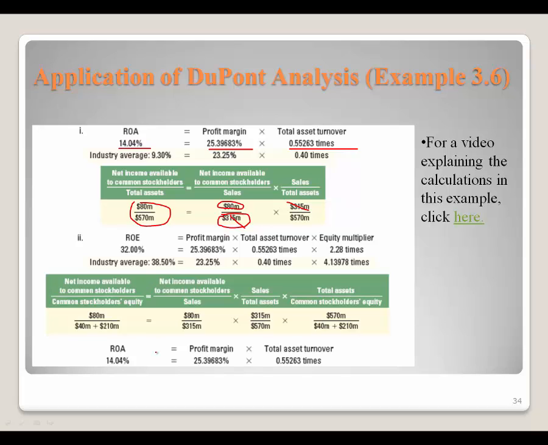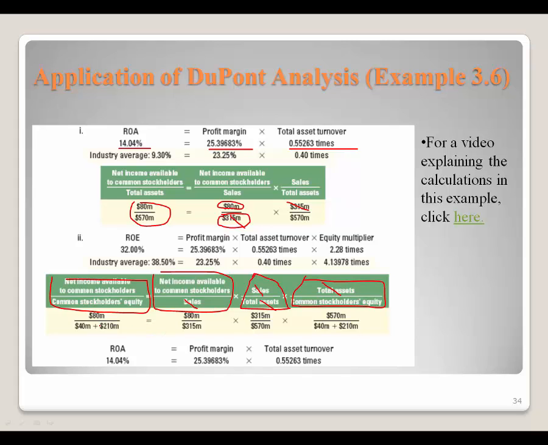Now for the ROE, if we look at the formula, this is the formula for profit margin, this is the formula for total asset turnover, and this is the formula for equity multiplier. Sales and sales cancel out, and total asset cancels out. What you have left from this long formula on the right hand side is net income over total stockholder equity, which is the definition of ROE.